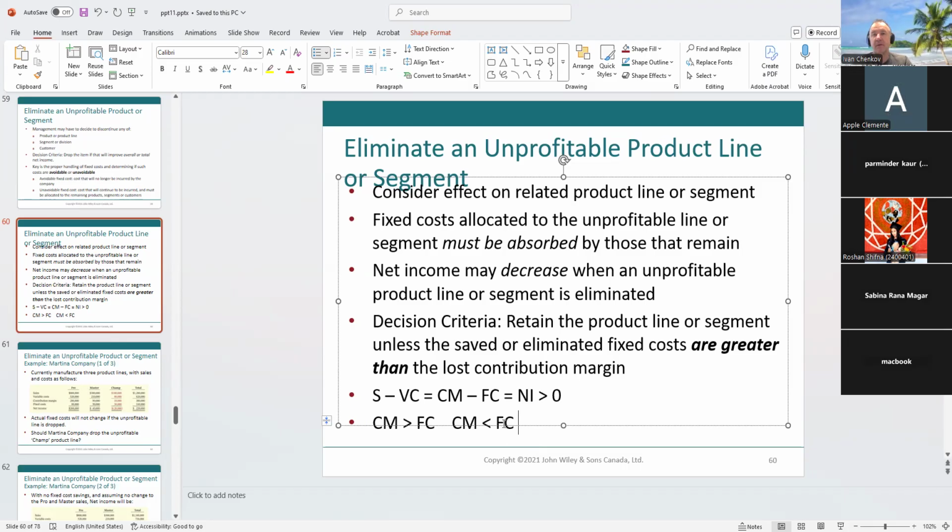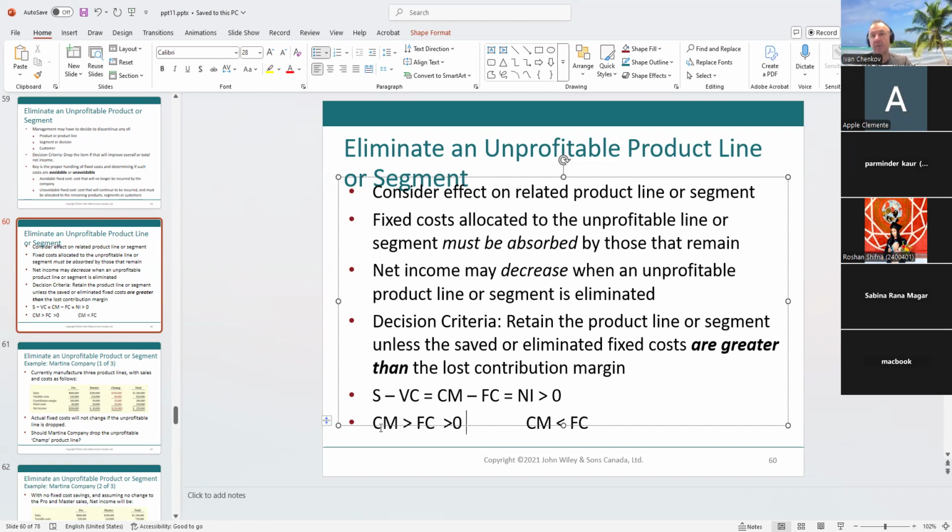Yes, I understand that. So watch this. Again, contribution margin minus the fixed cost is going to give you net income. Make sense? Yes. So when will the net income be more than zero?